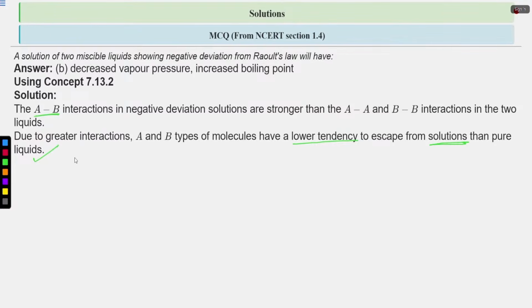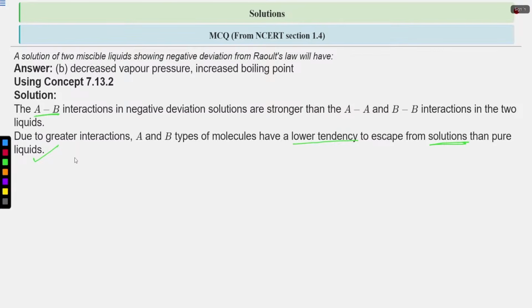As they are held together by the greater interactions, in a very small amount they escape or convert into the vapor phase. They have a very low tendency to escape into the vapor phase from the solution.